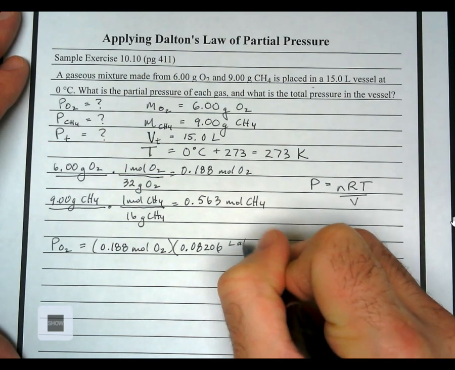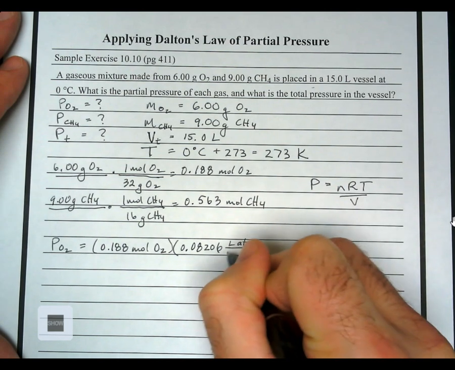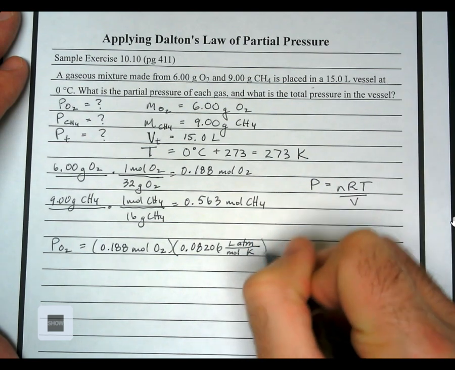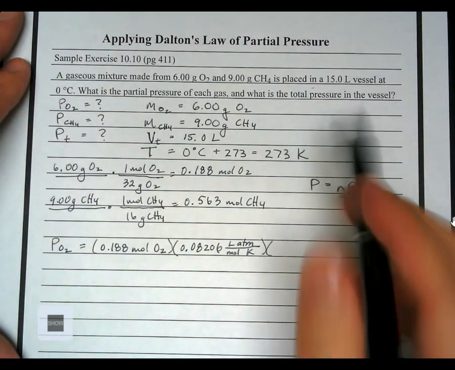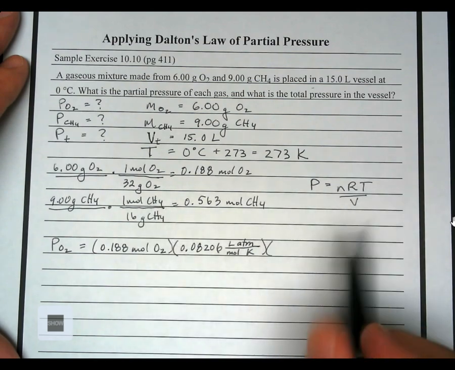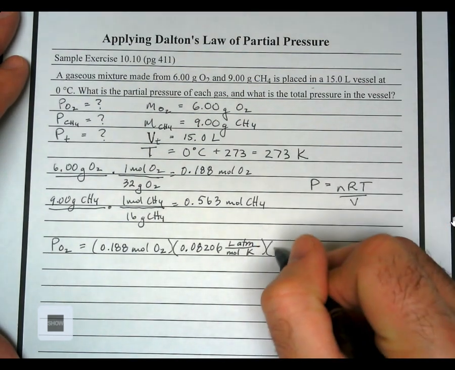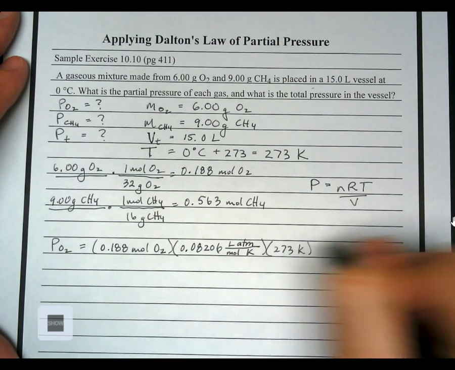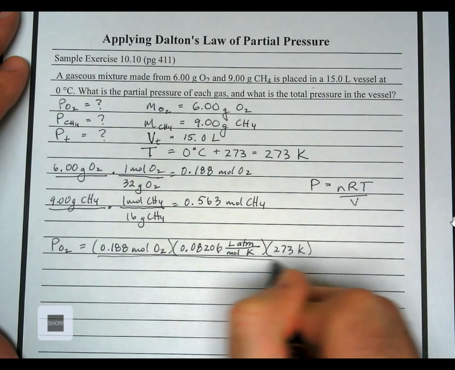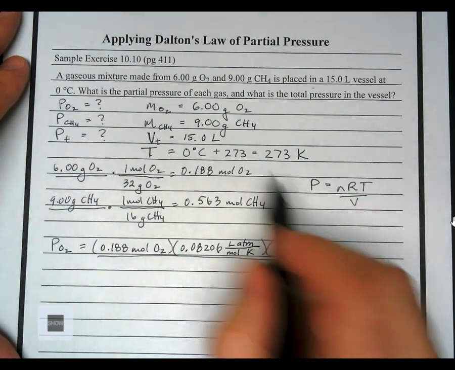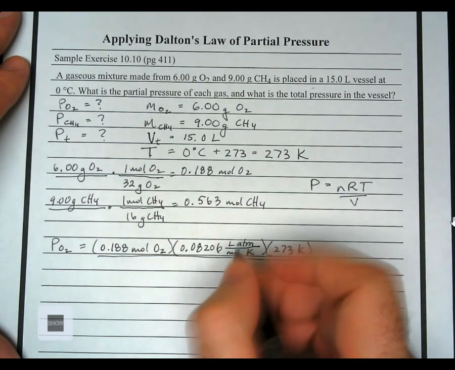Liters, atmospheres over moles K. And then our temperature is 273 K, and this is all over our volume of 15.0 liters.